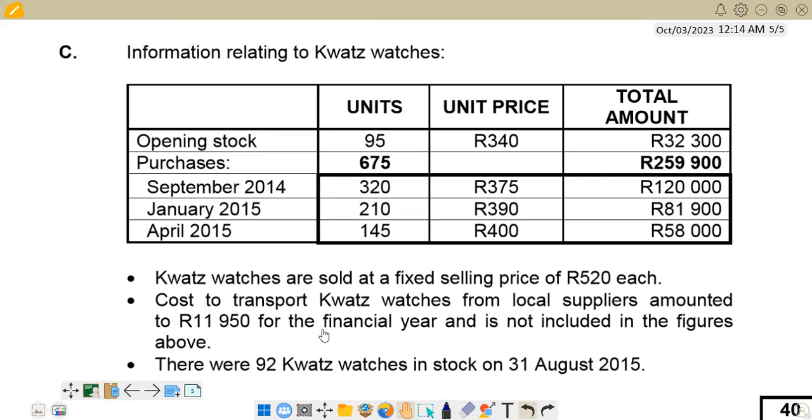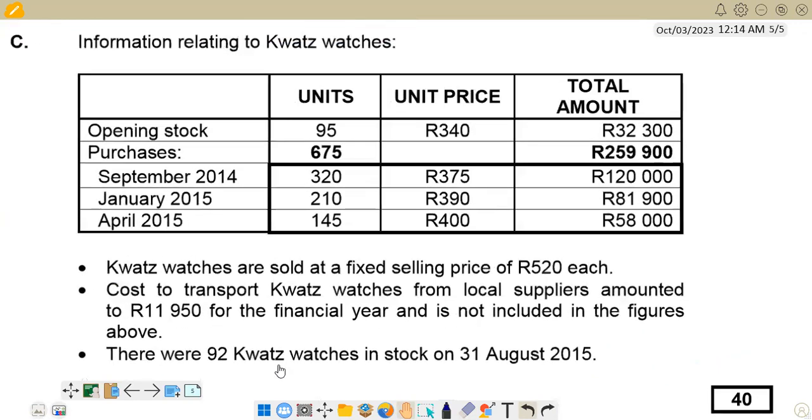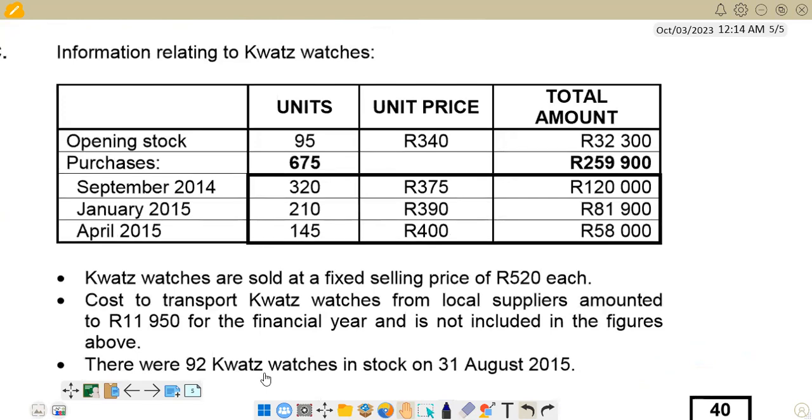If you look at the information for quartz, we want now to value stock using weighted average. And we know the formula for weighted average.